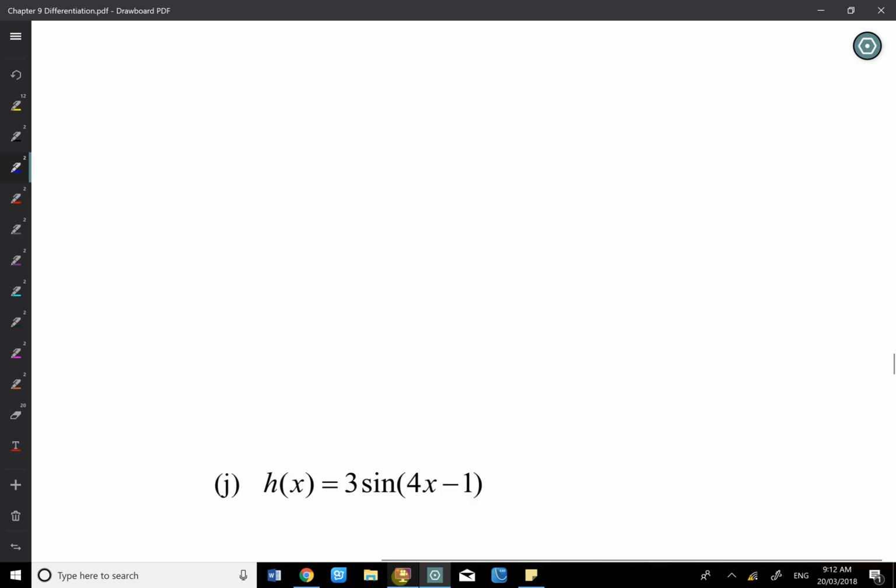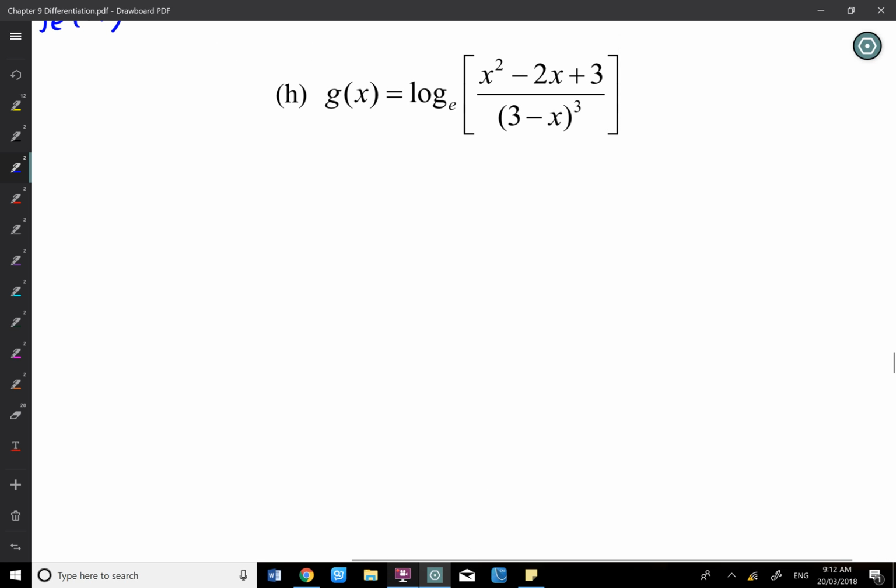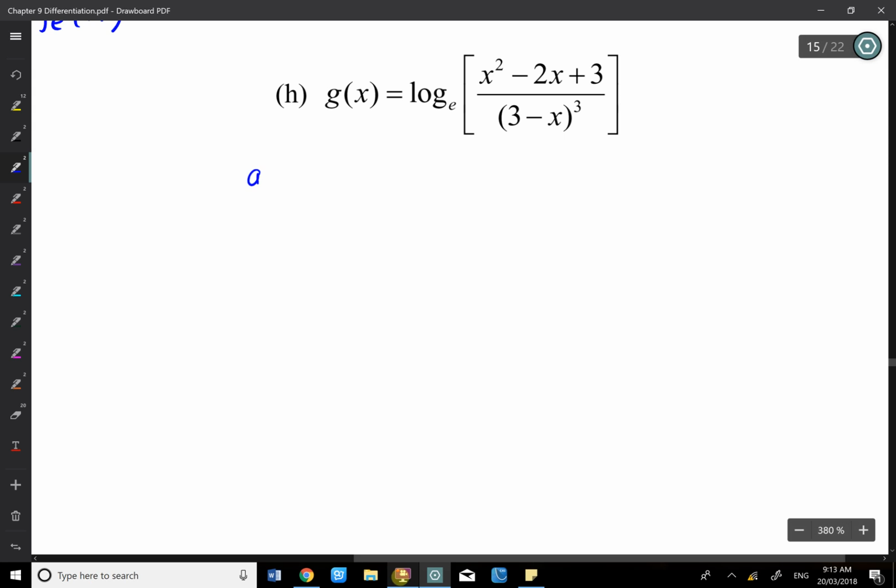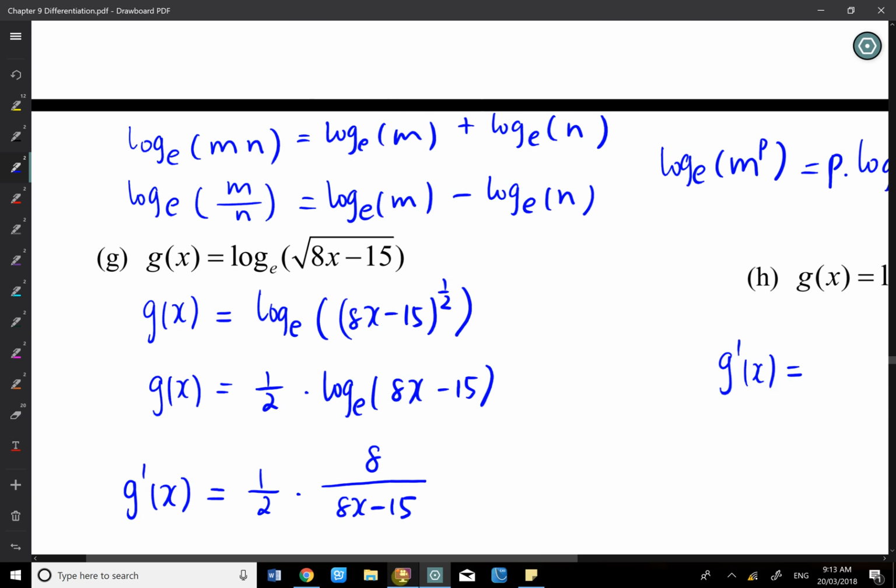Let's have a look at the next one. What should you do to this one? Obviously I'm not going to derive it directly like this. Which rule do we use first? 1, 2, 3.